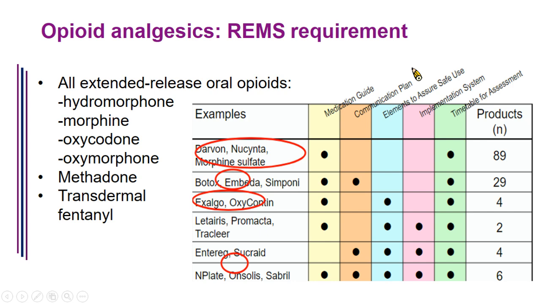Each brand name drug may differ, but they share the same approach, including the medication guide, a communication plan with the providers and the patients, elements to ensure the patient's safe use, and also an implementation system. And there's also a timing-based assessment approach.